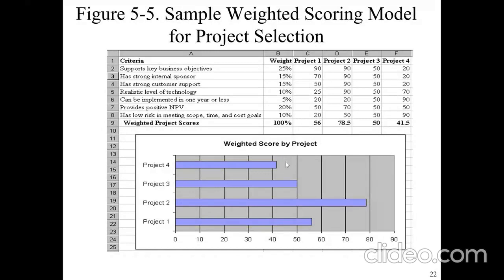I'll be switching to my screen very soon for you to see how we do this calculation. Having applied all the four steps, in this example we are making a selection of four projects, project 1, 2, 3, and 4. We want to pick one of these projects.